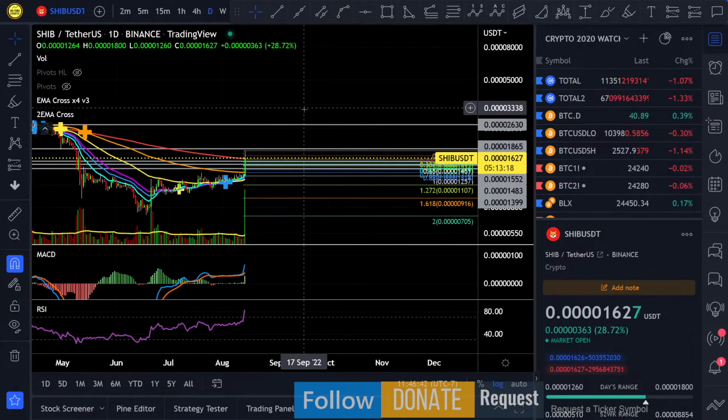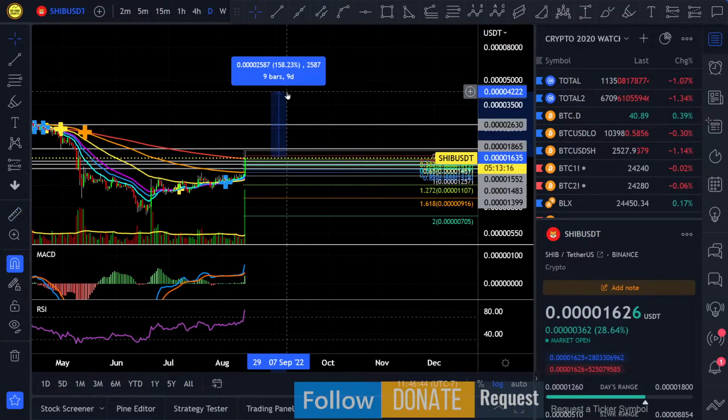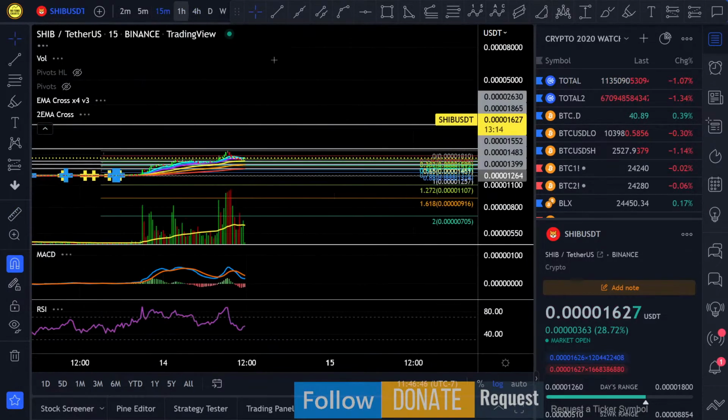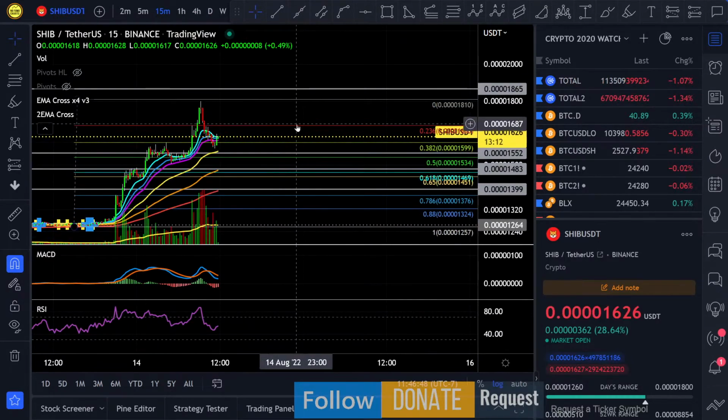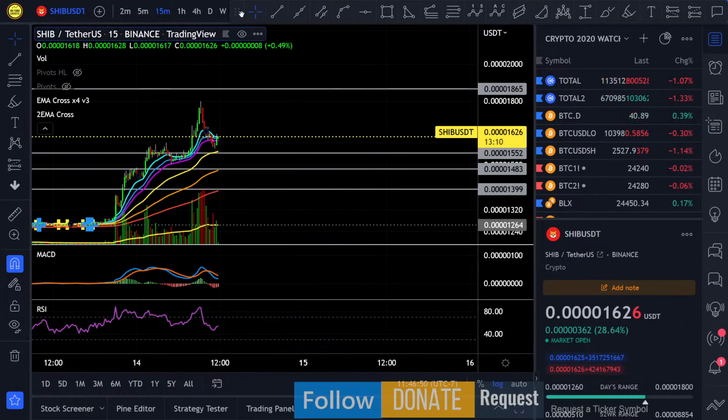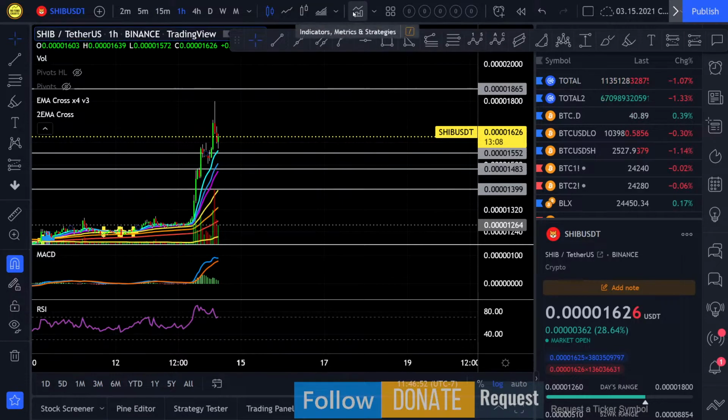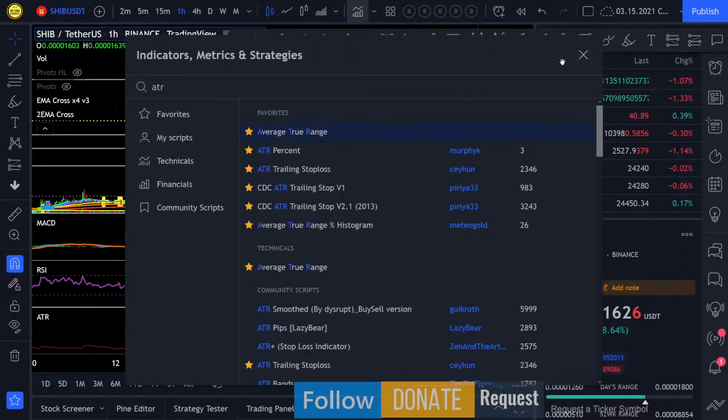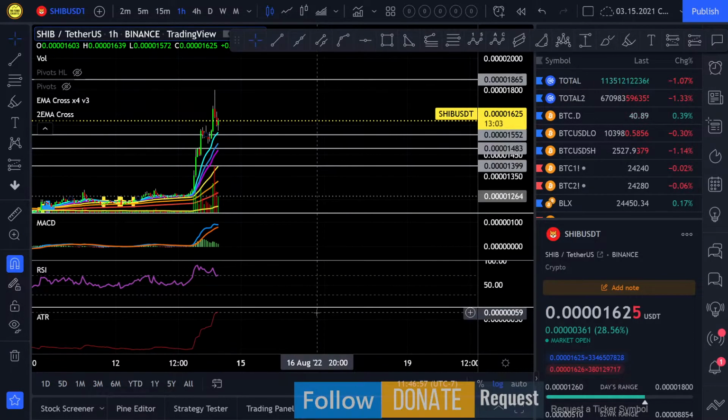Like I said, if this thing's going to moon, let's say 50 to 100%, then buying a reasonable dip with a reasonable stop loss, for example. So let's bring up the ATR to figure that out. ATR. Well, now, because there's so much volatility, it's 59, right?